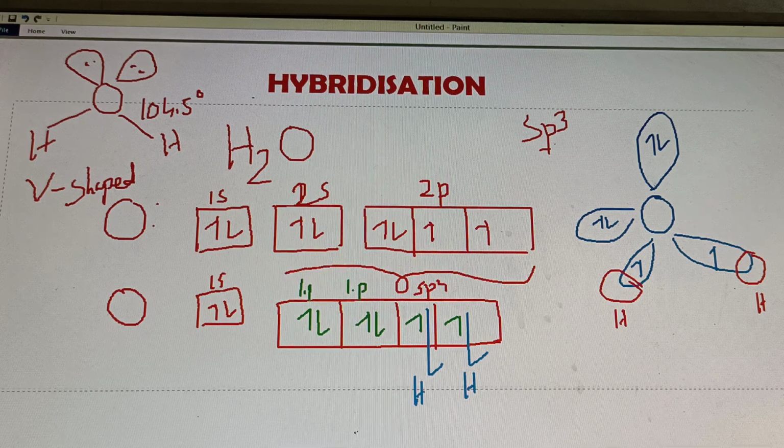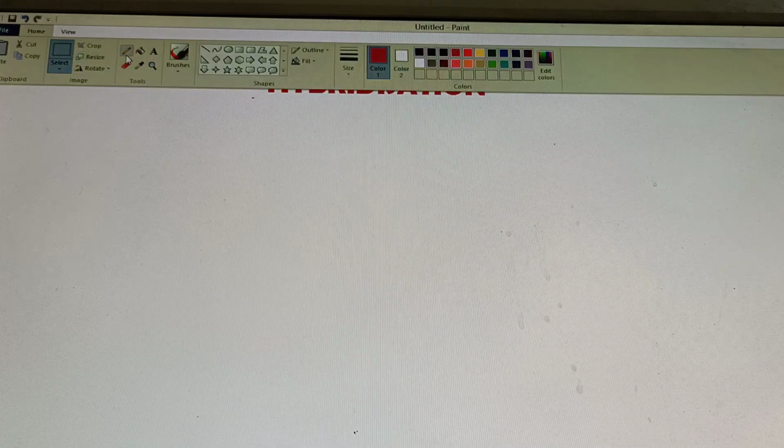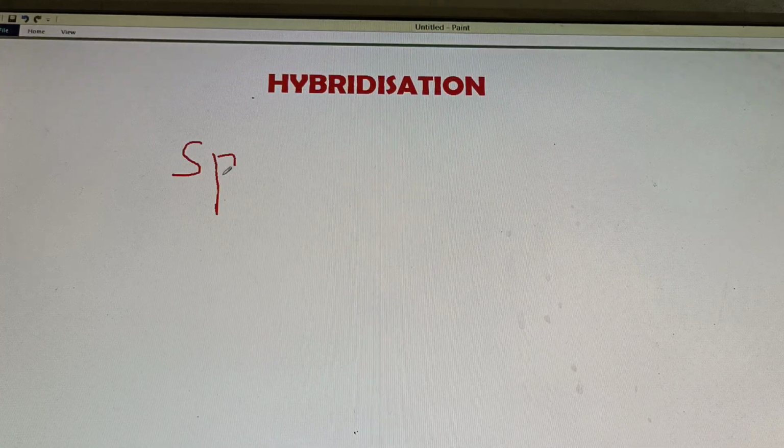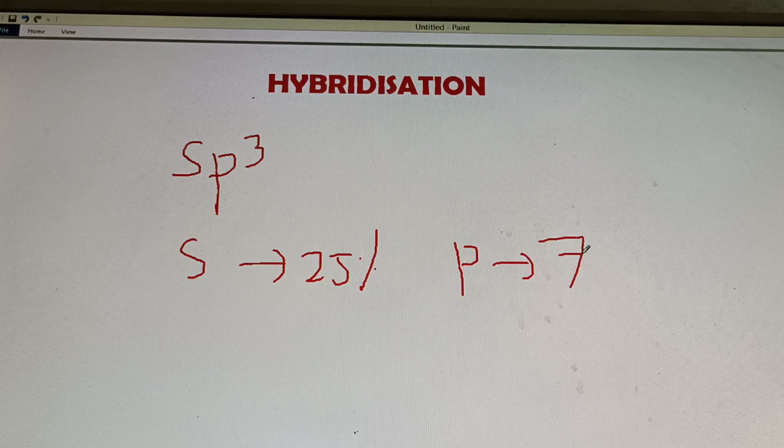In that case, what is the percentage of s character for sp3 hybrid orbital? S is 25% and P is 75%. Clear?